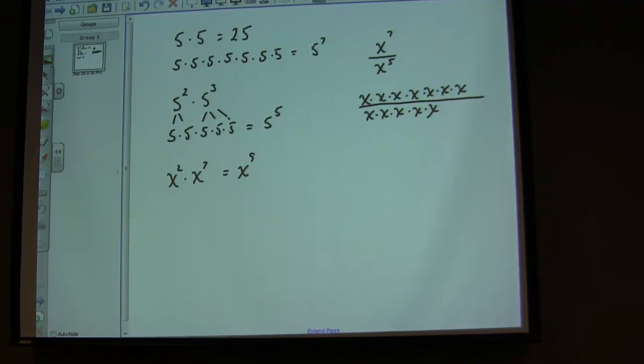And when you multiply what's left by 1, it doesn't change. 1 is the identity for multiplication. So I can say these two x's form a 1, these two x's form a 1, these two form a 1, these form a 1, and these form a 1. So what are we left with? x squared.